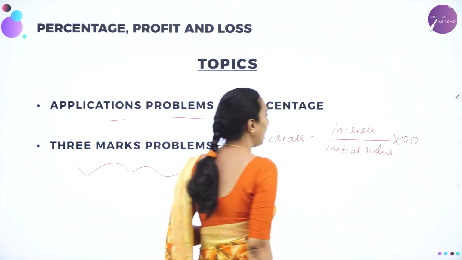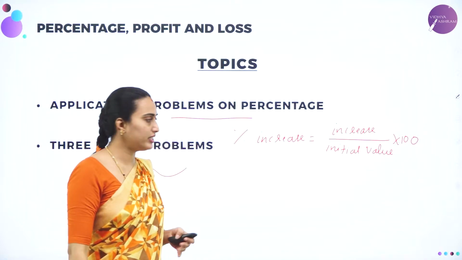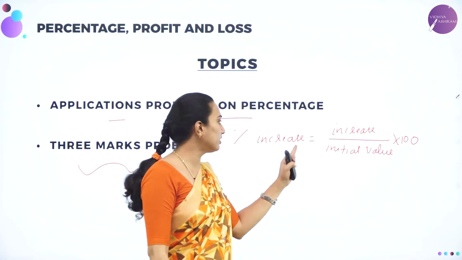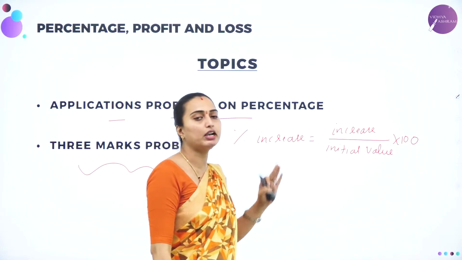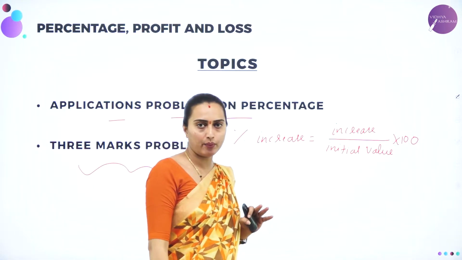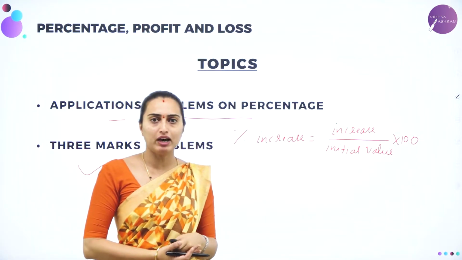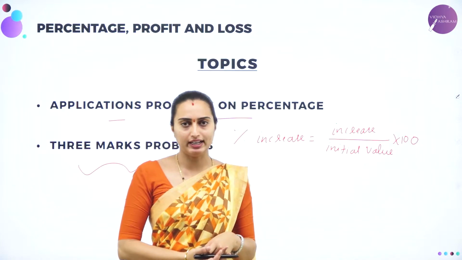Similarly, if they asked for the decrease, same formula: percentage decrease is equals to decrease divided by initial value into 100. Okay, so these formulas we are going to use here for calculation.